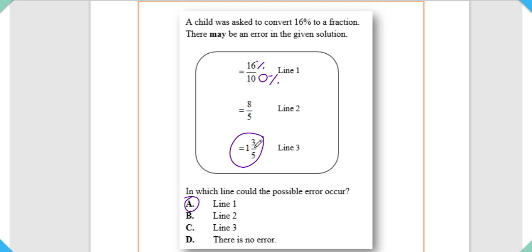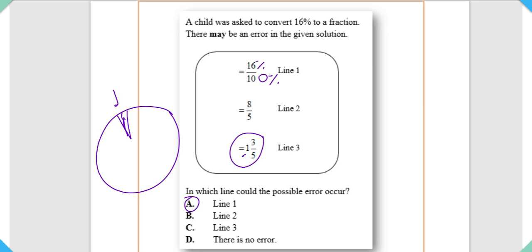Now this could not be the case because you know that 16% is a part of a whole. It's a fraction of a whole. So there is no way that you can have one whole and something is 16% of it, and when you convert it to a fraction you get another whole plus a part. That is very wrong.